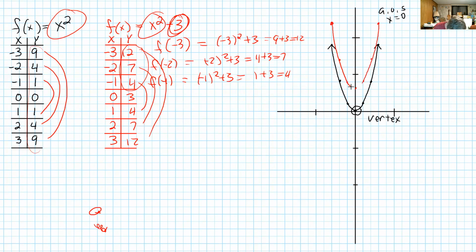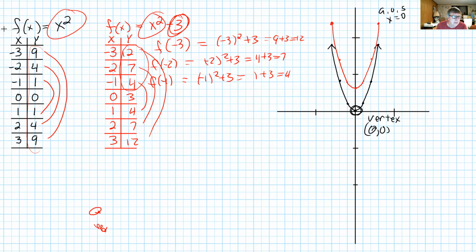And then we've got this little bit here. Okay, so the red graph looks just like the black graph, except it's been moved up 3 units. Whereas in the original black graph, the vertex is at 0, 0.